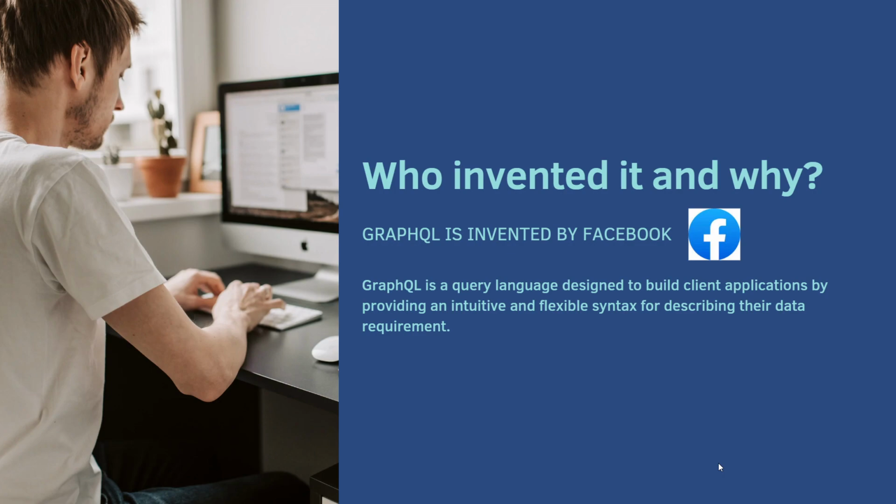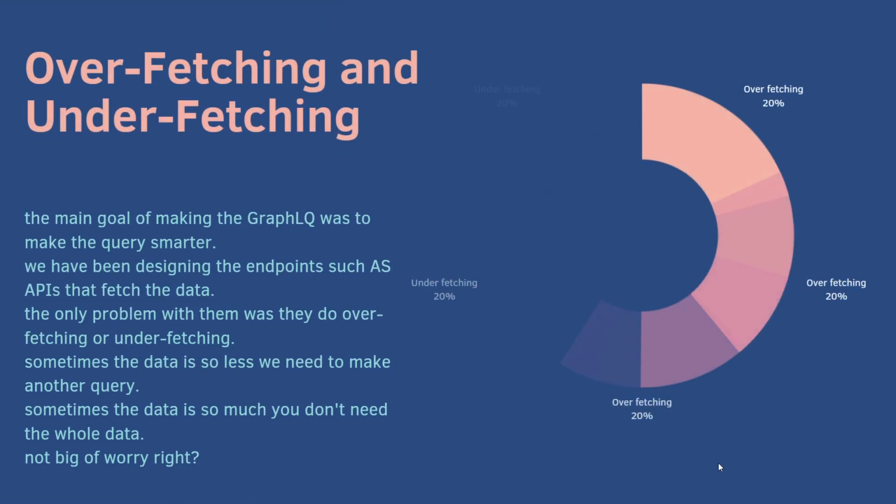Now, what does this mean? In GraphQL, we have a smart endpoint where the payload is designed as per our requirement and it is not a static one.